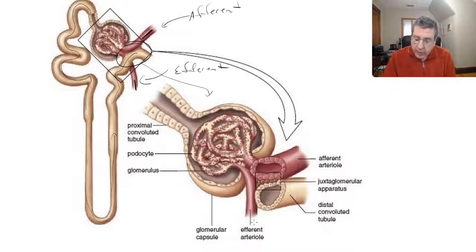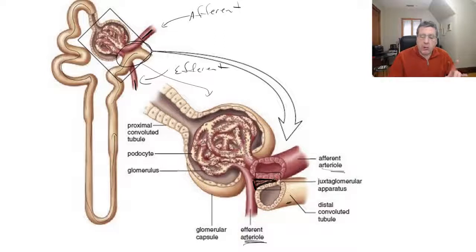So afferent arteriole, efferent arteriole down here. This is part of the junction of the distal convoluted tubule and the ascending limb of the nephron loop, okay? And there are specialized cells in this area, okay? And those cells make up the juxtaglomerular apparatus. Those are going to be very important in other things that we're going to be talking about.